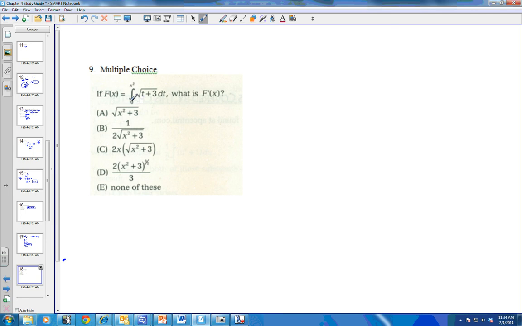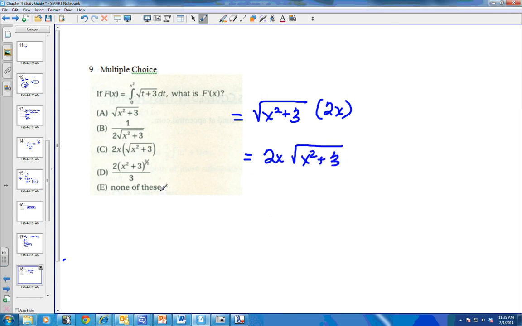I have to have a constant here and my x up at top. If that happens, all I have to do is substitute my x squared in for my t. But if it's anything other than an x, I have to multiply by the derivative of that top. And so my answer would be 2x times the square root of x squared plus 3, which is C.